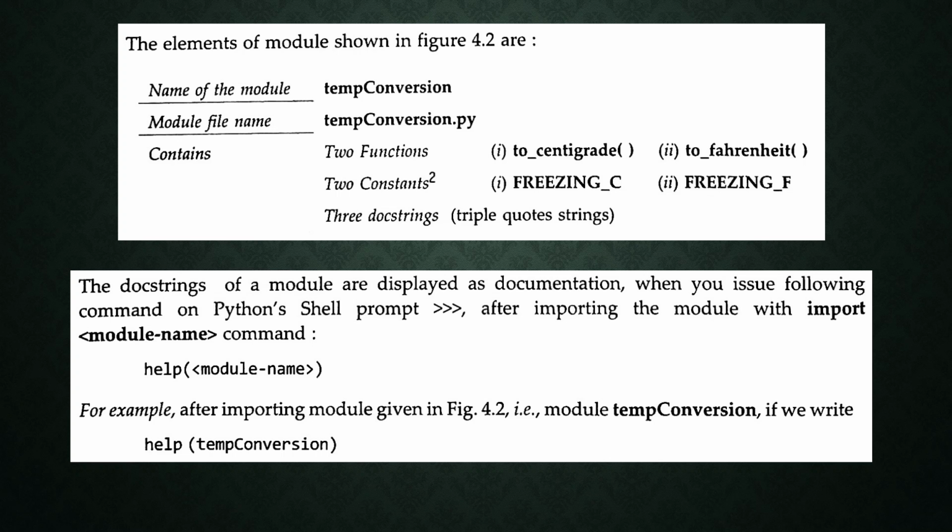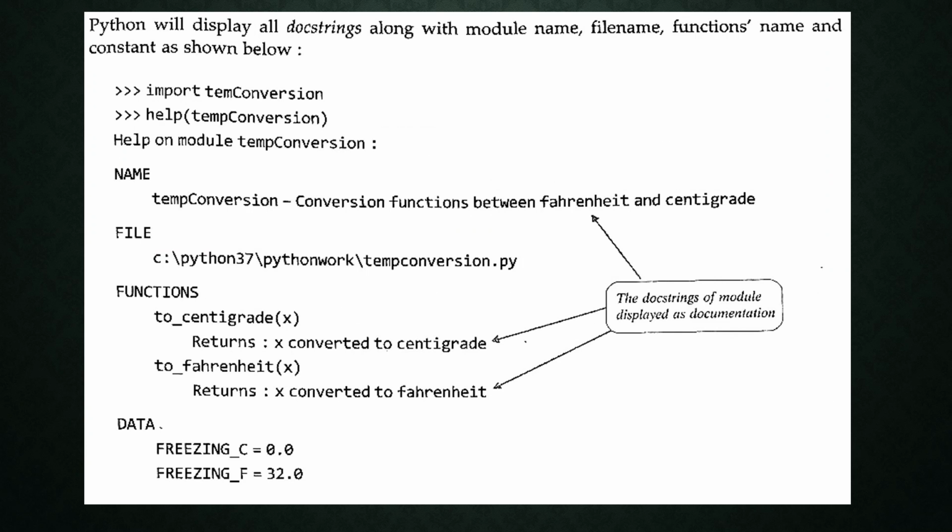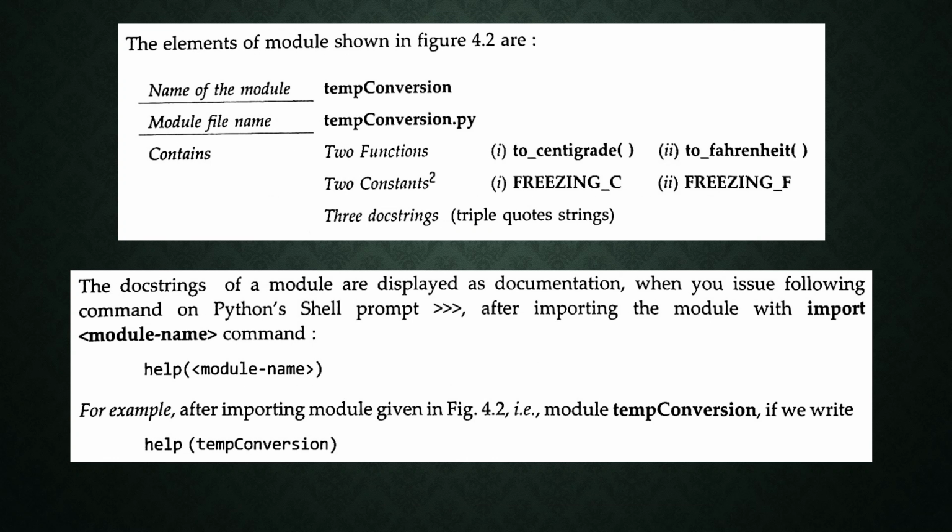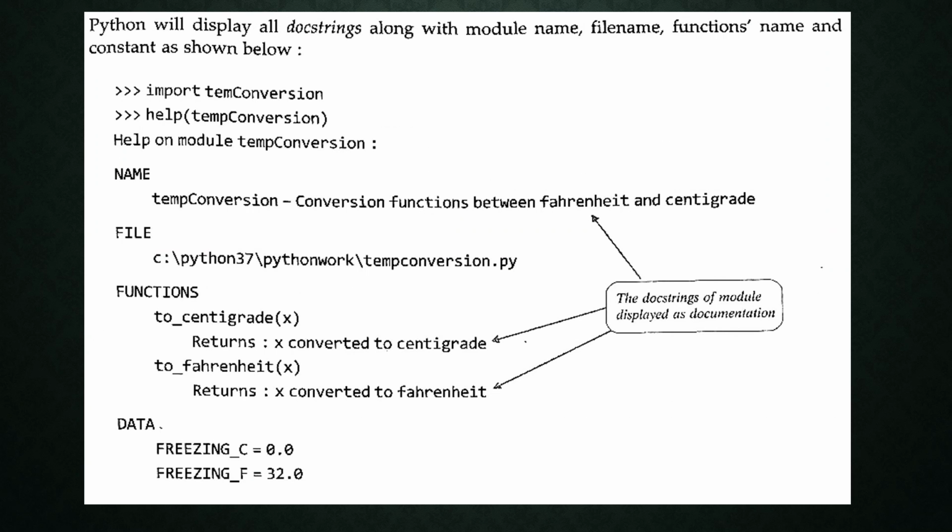It will display the functions defined under that module. The help command displays the functions, constants and docstrings mentioned in that module. Python will display all docstrings along with the module name, file name, function names and constants, as shown below.